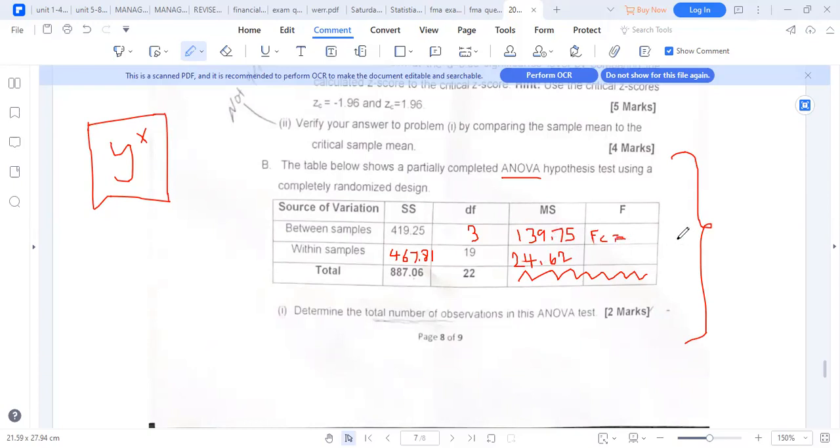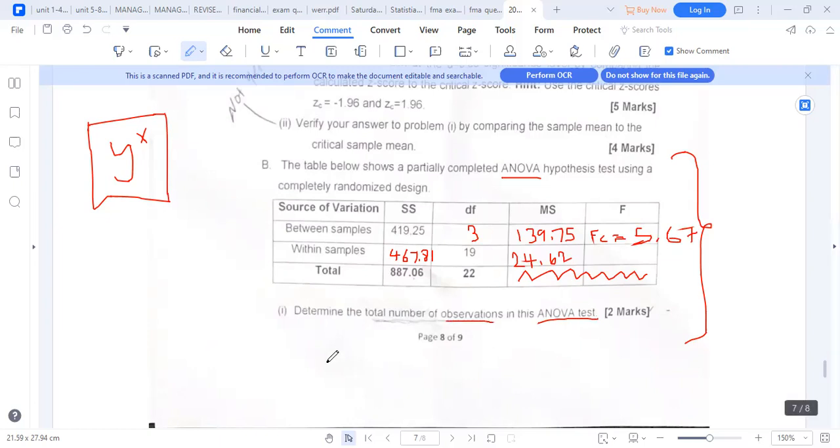How do we get it? 5.67. Well, now let's answer the question. Determine the total number of observations in this ANOVA test. How many observations are there?